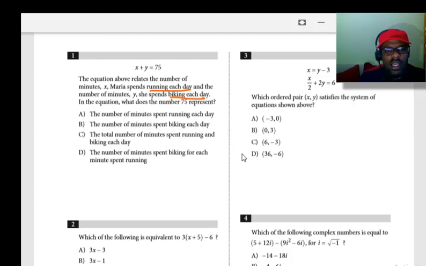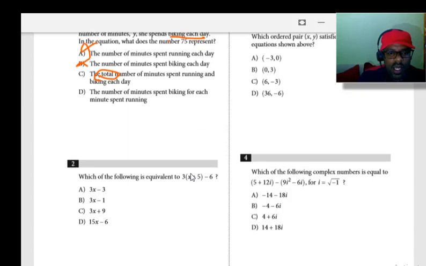Obviously here it is added, so it's a combining hour of each day. So I'm looking for the word total. The only choice that contains the word total is here. The number of minutes spent each day, no. The number of minutes spent biking, no.